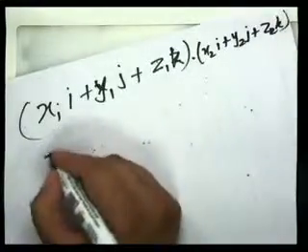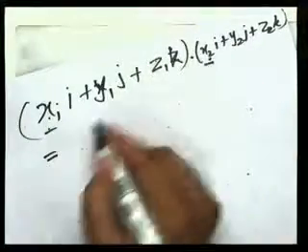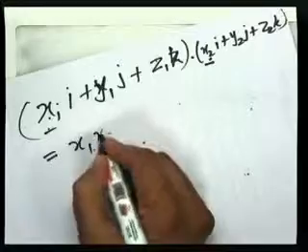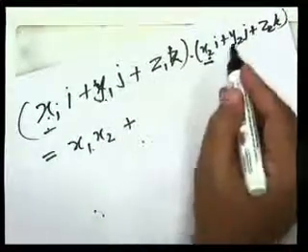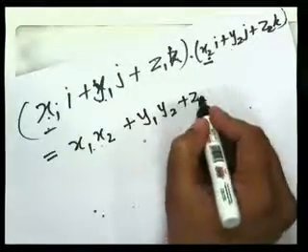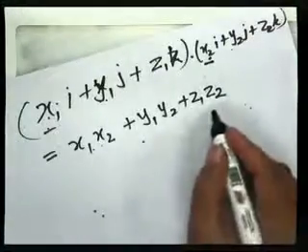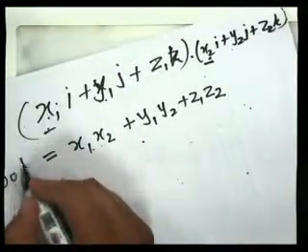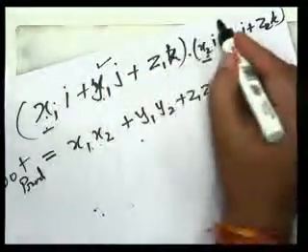This is equal to the corresponding multiplication of the resolution along the x-axis, so x1 x2, plus the corresponding resolution along the y-axis, y1 into y2, and z1 into z2. Okay, so this is called the dot product of this and this vector.